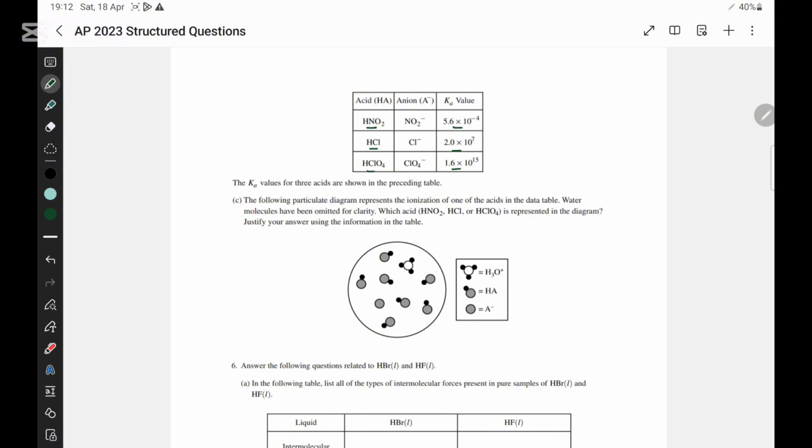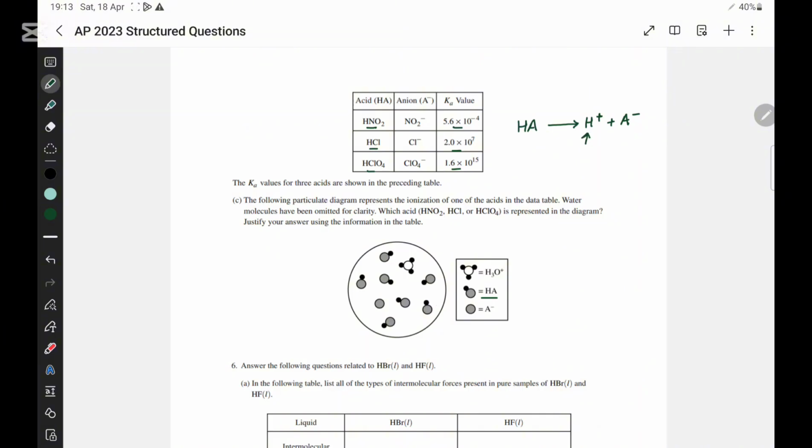So HA is an acid, and when it ionizes, it is going to form H positive plus A minus, which is an anion. If we see this diagram, most of them are present in acidic form. They have not completely ionized into hydrogen.